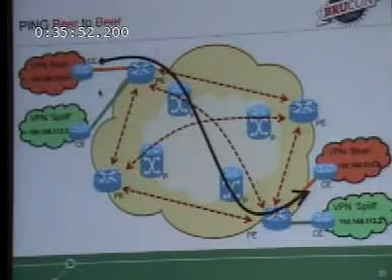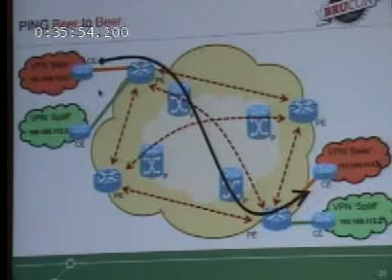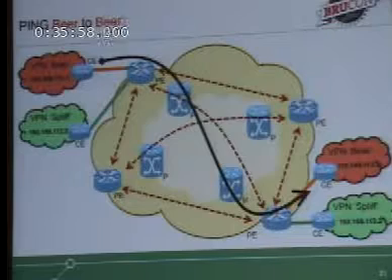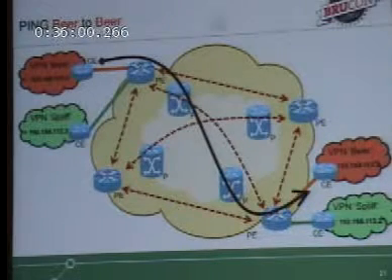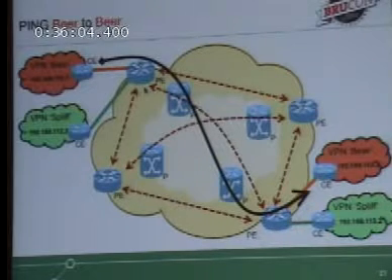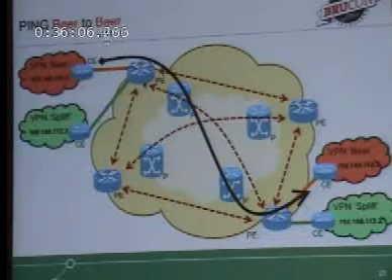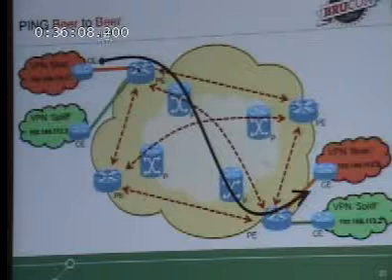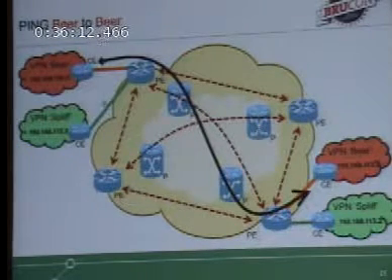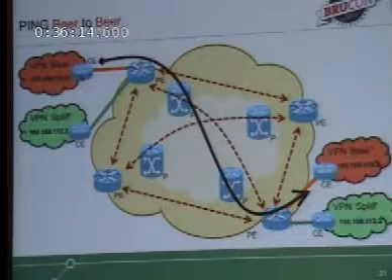Maybe the upper one is Amsterdam and the lower one is Brussels. So you can communicate from one side to the other. The statement red in the ping command means: make sure only if it comes from the red VPN, it will be forwarded in the red VPN. So we are simulating this CE.